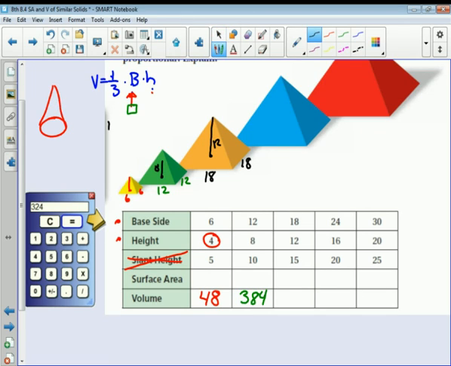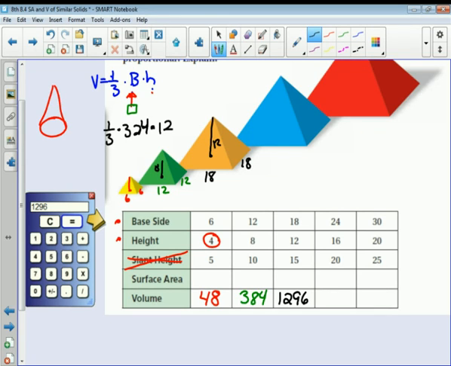So I have 1/3 times 324, which is the area of my base, times my height was 12. So I'm going to take 324 times 12, get that answer, and now I'm going to divide by 3, gives me 1,296. And then whatever the unit is cubed.